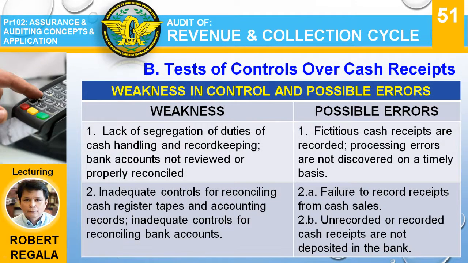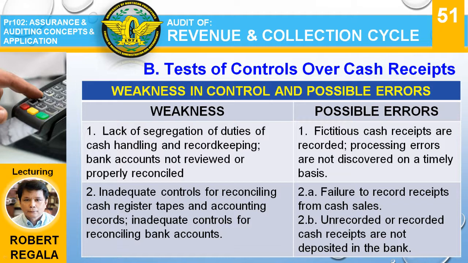Slide 51. The test of controls discussed in the preceding slides may reveal the following weaknesses and possible errors or fraud. Number 1, weakness, lack of segregation of duties of cash handling and record keeping, bank accounts not reviewed or properly reconciled.